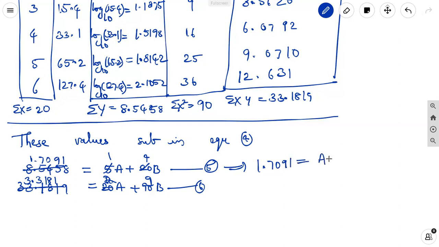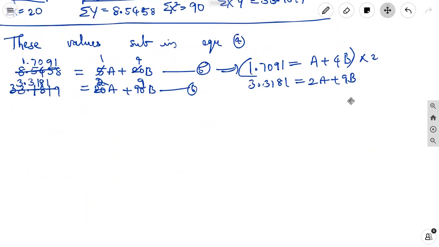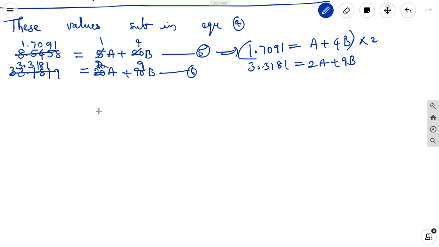From this, 1.7091 is equal to A plus 4B. From this, 3.3181 equal to 2A plus 9B. This equation, the whole equation, is multiplied with 2. Then it becomes 3.4182 equal to 2A plus 8B, and 3.3181 equal to 2A plus 9B.